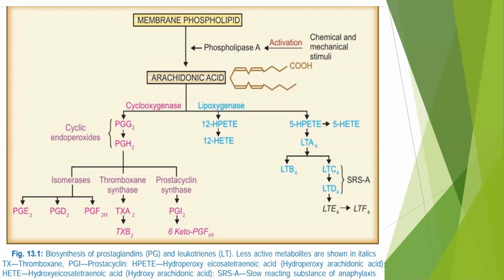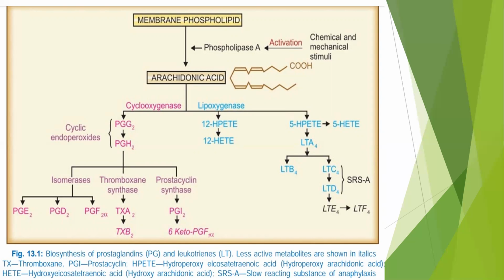Synthesis of leukotrienes. When chemical or mechanical stimuli activate phospholipase A, in the presence of phospholipase A, membrane phospholipid is converted into arachidonic acid, and arachidonic acid is metabolized by cyclooxygenase and lipoxygenase enzymes. It is converted into PGG2, 12-HPETE, and the third one is 5-HPETE. PGG2 is further converted into PGH2, and this PGH2 is further converted by isomerases, thromboxane synthase, and prostacyclin synthase.